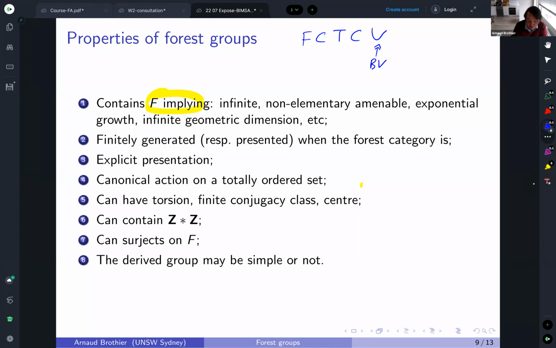So they are all infinite. They are not elementary amenable, so of course I cannot tell you if they are amenable or not, at least in general, because they contain F. They have exponential growth, so they have big balls, and they have infinite geometric dimension. All of these statements are kind of trivial if you know that they contain F and you know a bit about what F is.